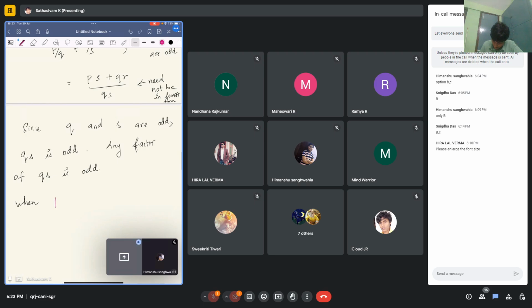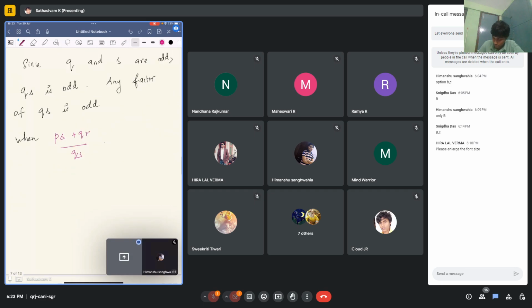So what is the number? When (ps plus qr) by qs is expressed in lowest form, what can you say about the denominator? The denominator is a factor of qs. We just saw that since qs is odd, any factor is odd.